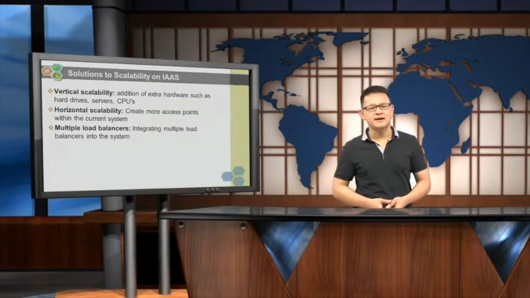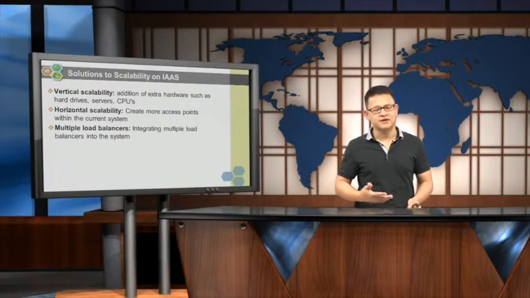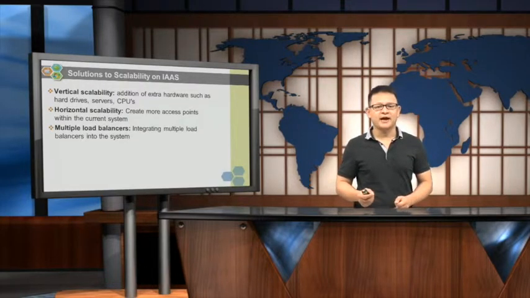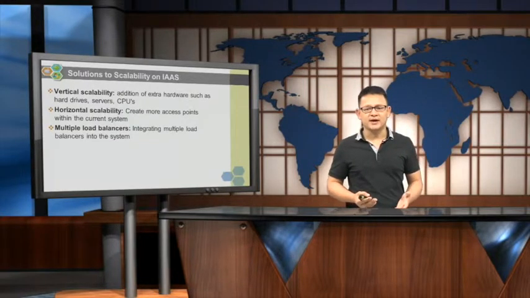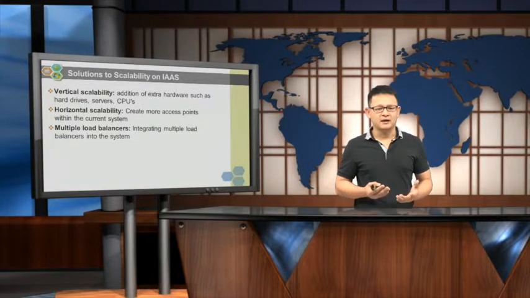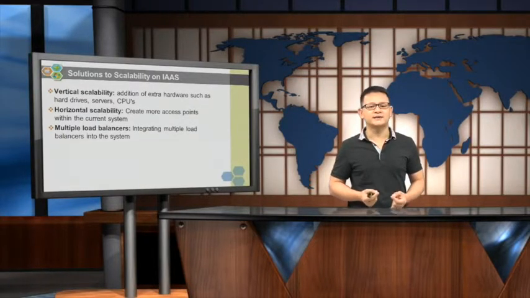The first solution here is vertical scalability. It can be achieved through the addition of extra hardware such as hard drives, servers, CPUs, etc. While this is not entirely a solution in and of itself, it is necessary if a cloud network is to be able to accommodate ever-growing numbers of virtual machines.